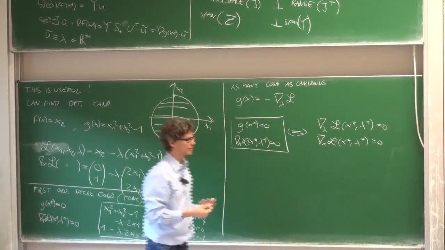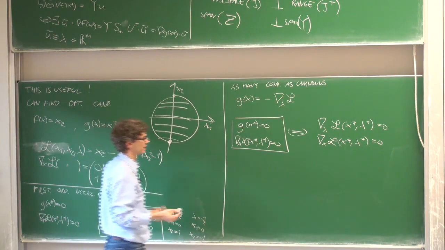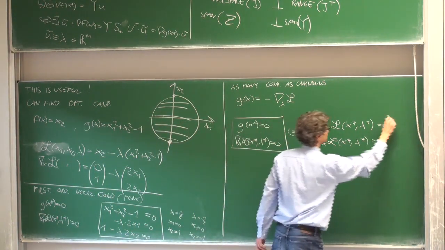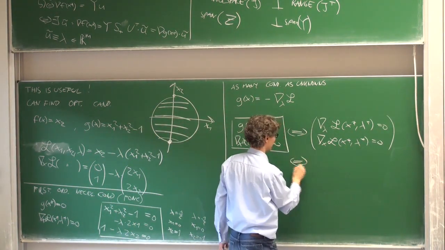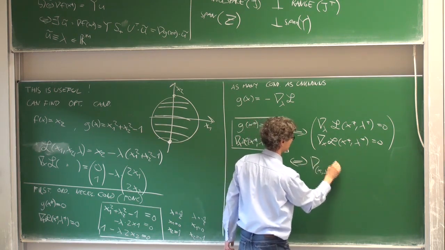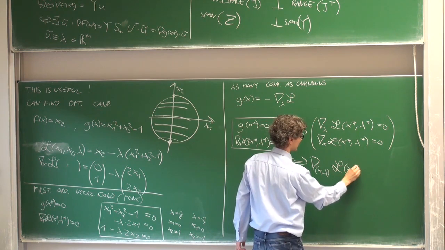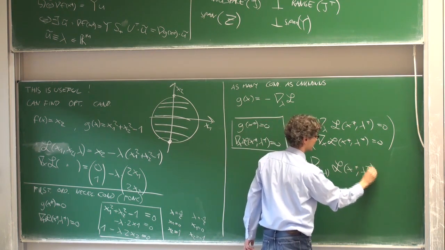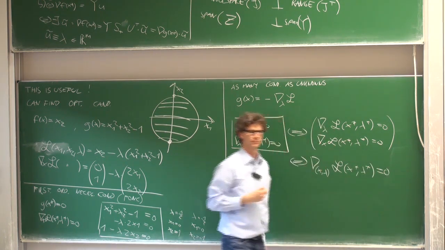And if you want, just to have a shorthand, you could combine it all and say the gradient with respect to all of its variables of the Lagrange function at the optimal solution must be 0.